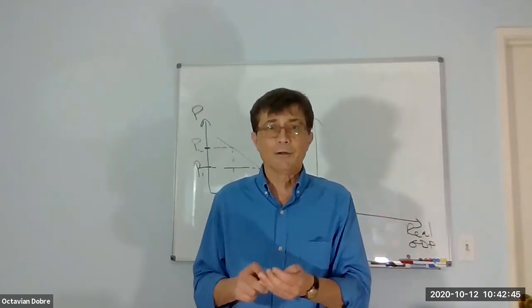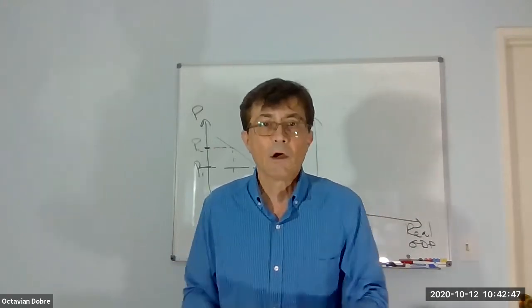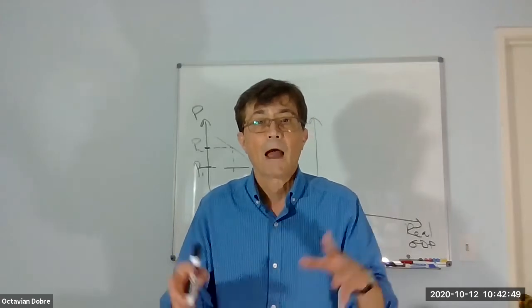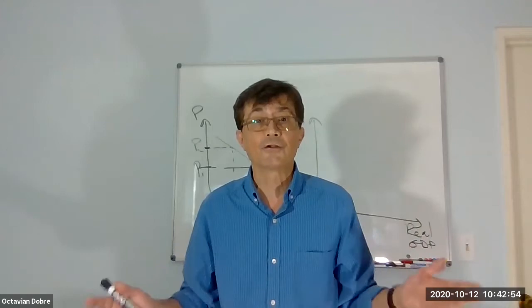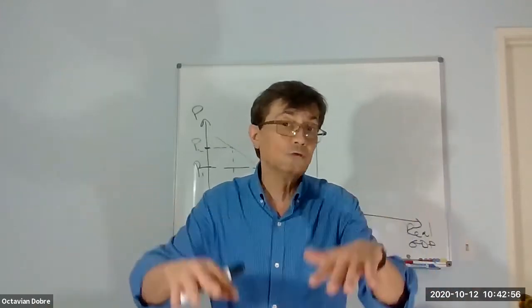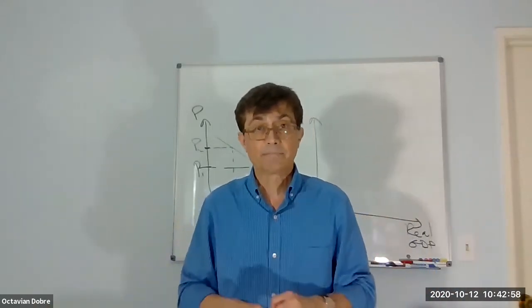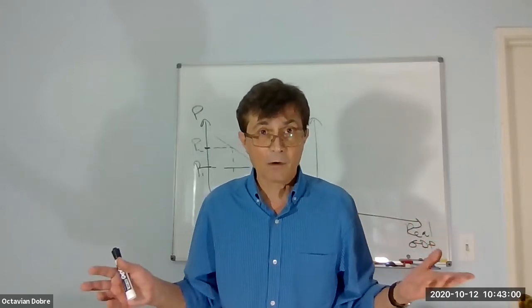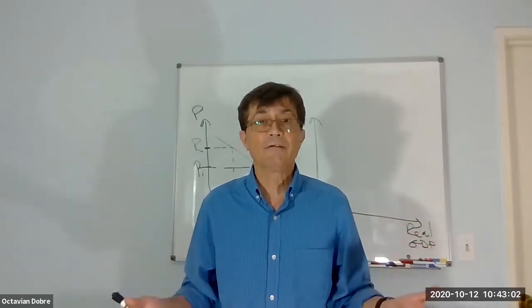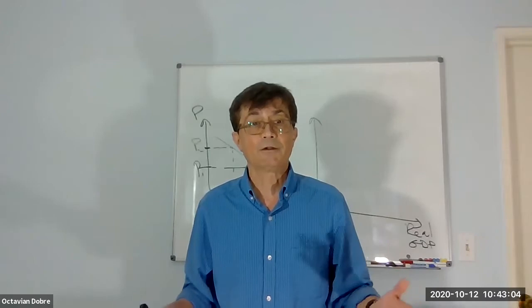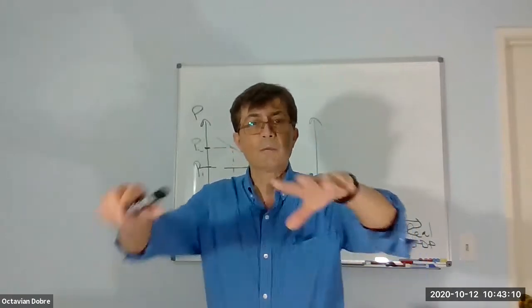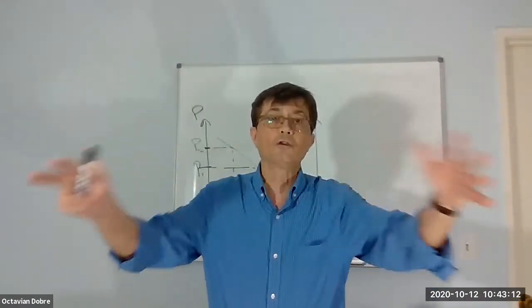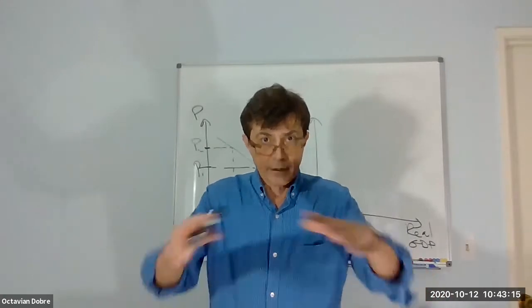Let's suppose that we want to measure the value of all goods and services that we want to buy today at today's prices. It would be very simple to measure the value of everything we want to buy today. We would take how much one person wants to buy, how much another person wants to buy, and then add all those numbers together.